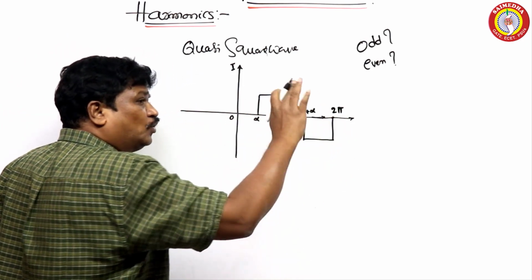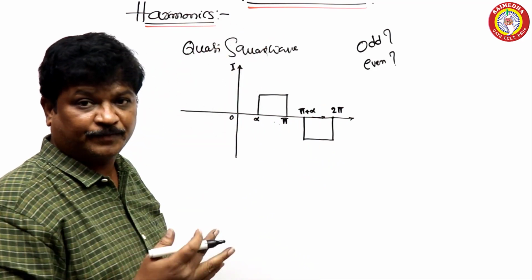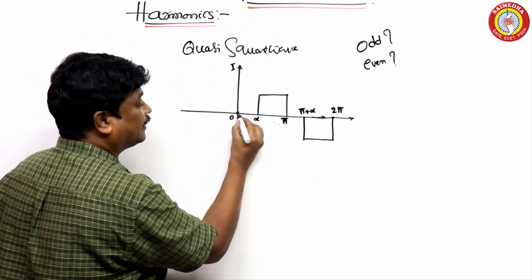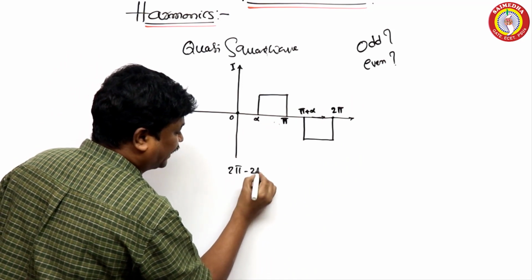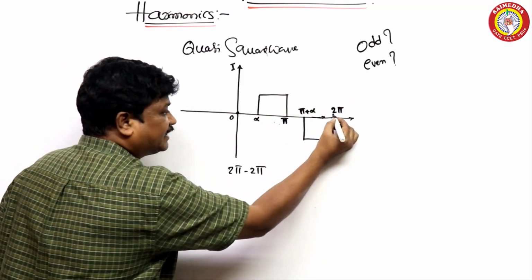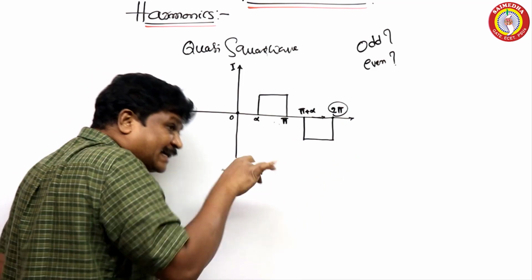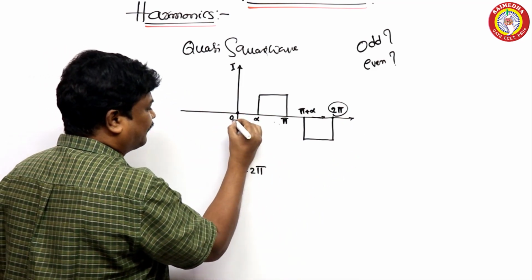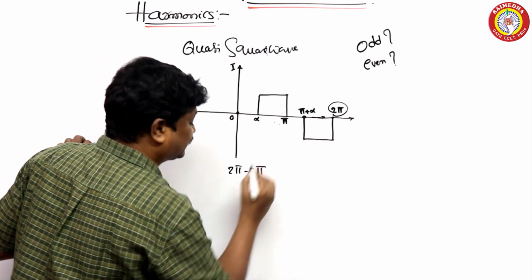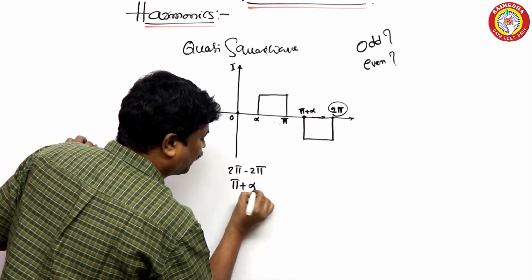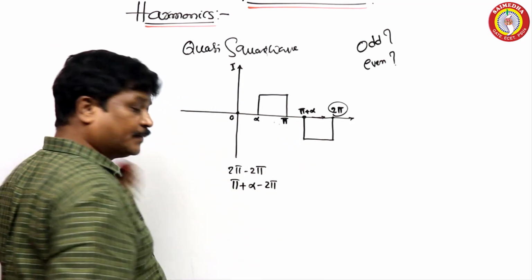From this wave you have to subtract 2 pi. For example, 2 pi minus 2 pi. 2 pi is your original, you subtract another 2 pi, and you will get 0 here. You want to get this one: pi plus alpha minus 2 pi.